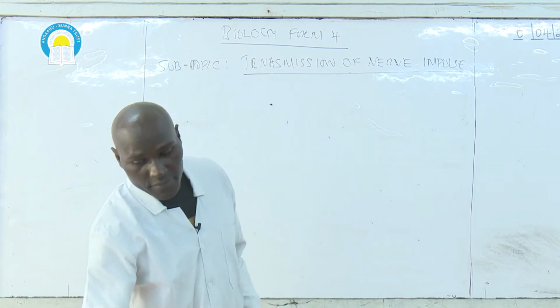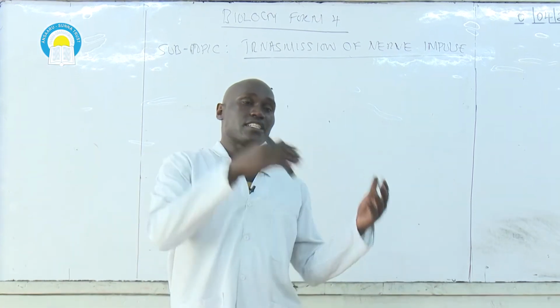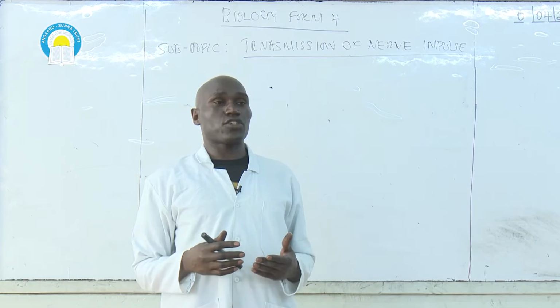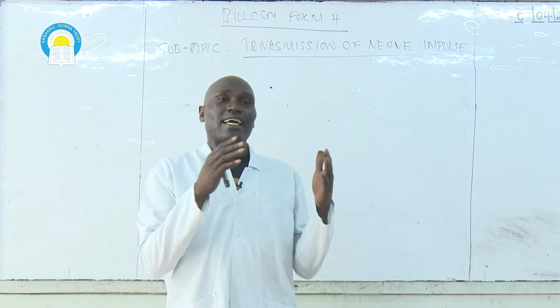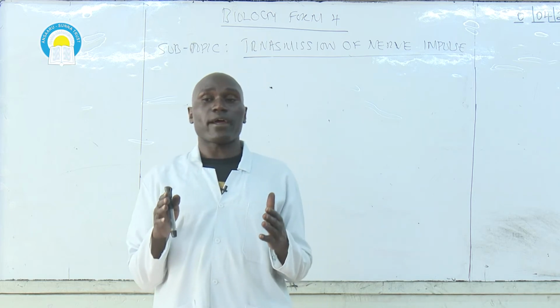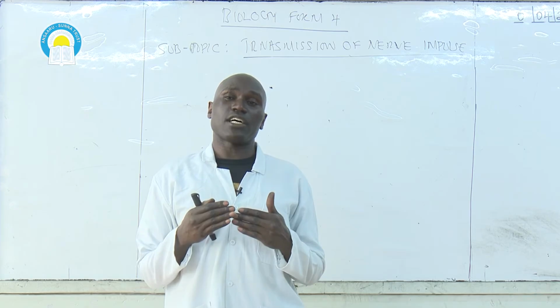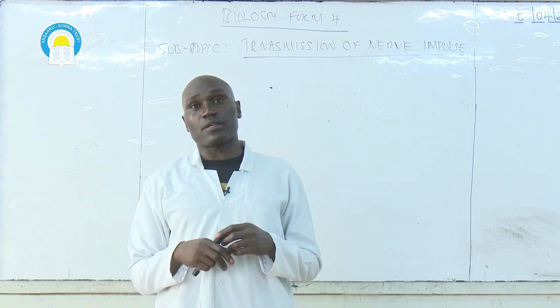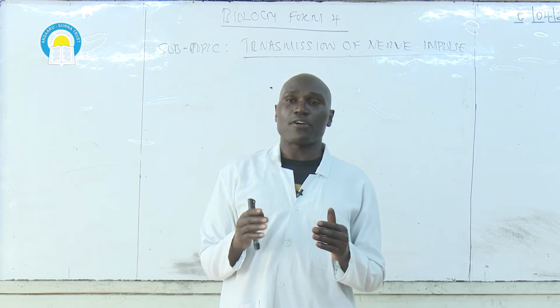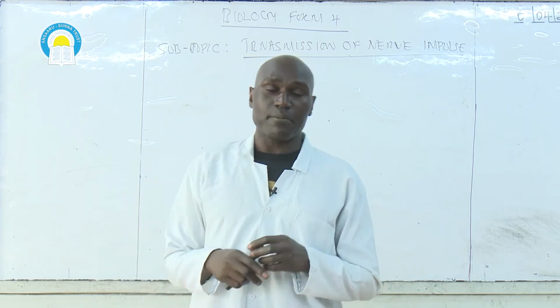That means after depolarization has taken place, it's immediately followed by repolarization. Repolarization gets the neuron back to its original state where the outer part was positively charged, the inner part negatively charged.